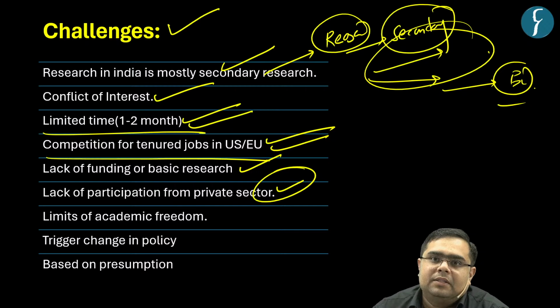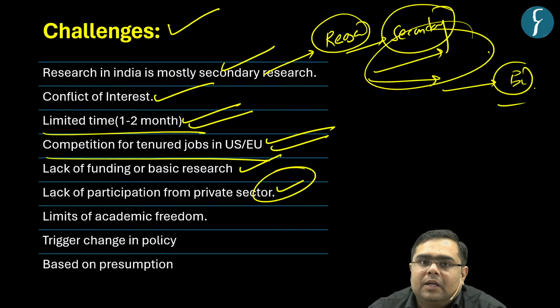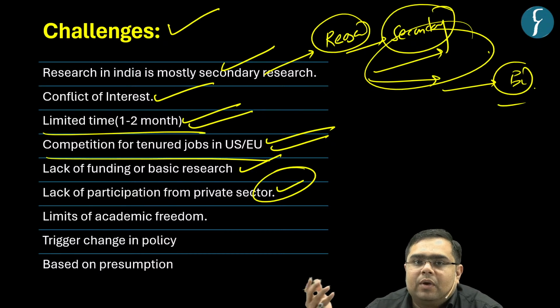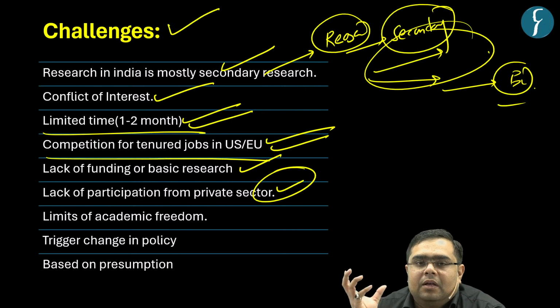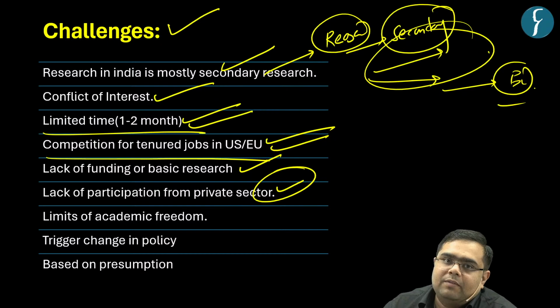It would limit the academic freedom to the demands which a bureaucrat sitting in Delhi must have imagined, that this is the course of action the research should take. He is not so much acquainted with the kind of researches going on in the top labs of the world, but he is guided by his limited vision and would like to implement that vision only. So that is going to be the lacking point with respect to limited academic freedom.